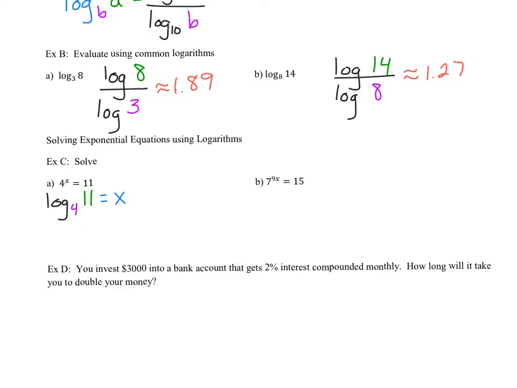Well, I just learned how to put this as a common logarithm using change of base, so I'm going to do log of 11 divided by the log of 4. So my x equals about 1.73.